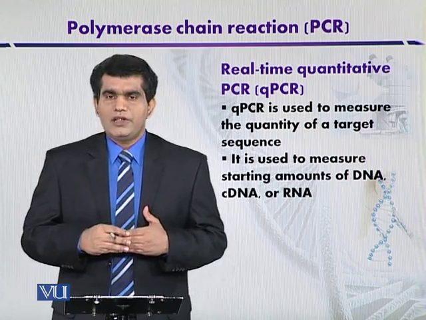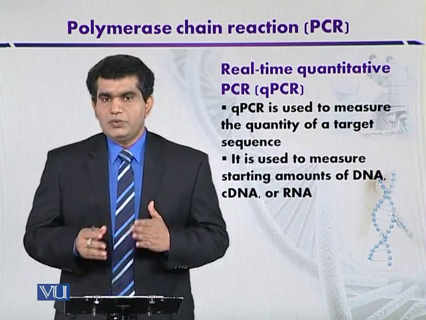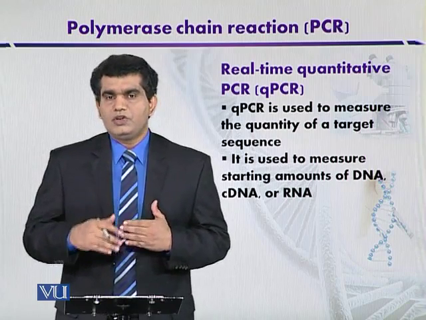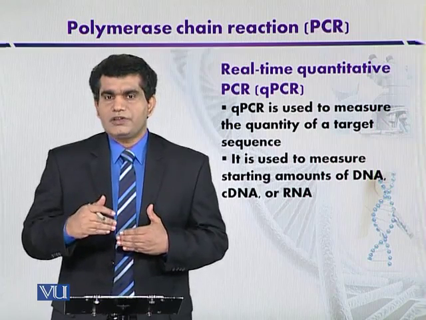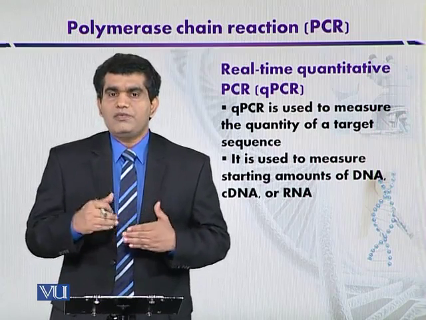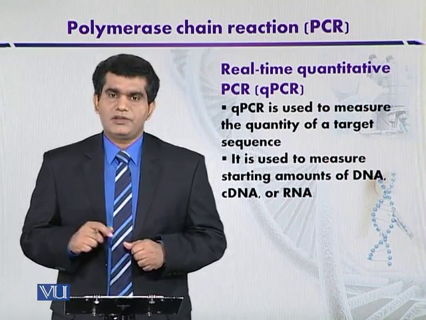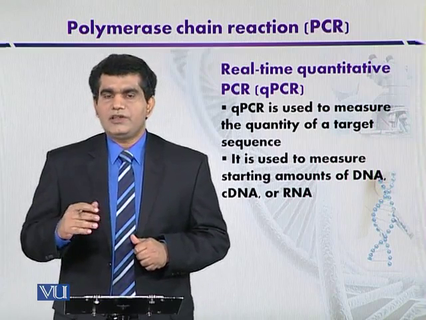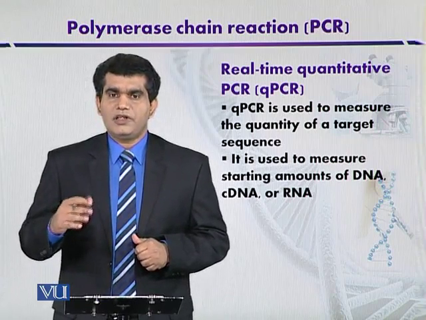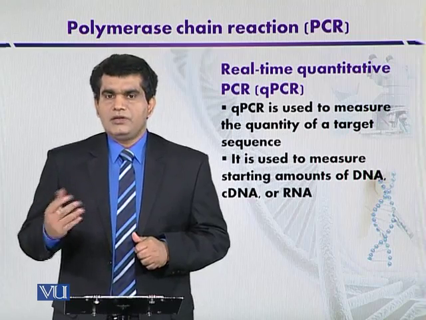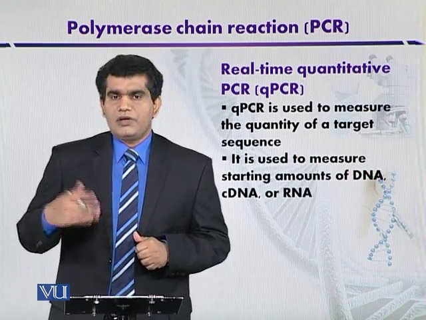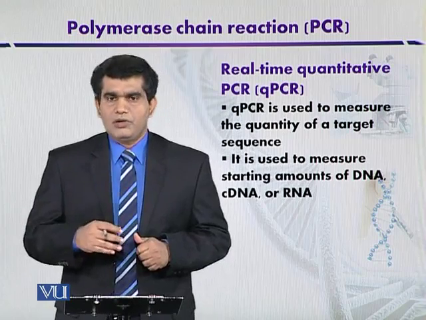So as I told you, ethidium bromide was used initially to record the fluorescence as soon as the amplification of DNA occurs. But it has certain disadvantages or limitations: it can give fluorescence for both specific and non-specific molecules.